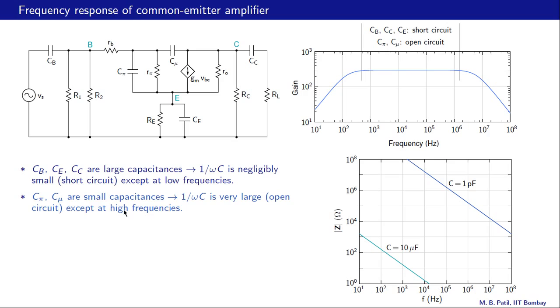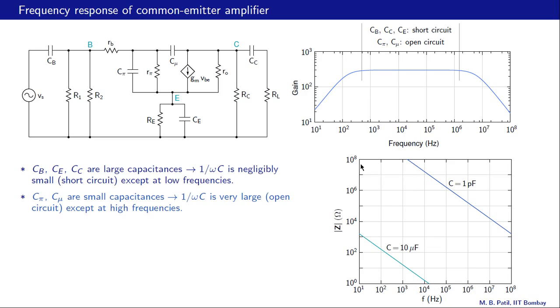On the other hand, the capacitances Cpi and Cmu, the device capacitances, are small. They are in the picofarad range, and for these 1 over omega c is very large. That is, they are like open circuits except at high frequencies, and we can see that also in this plot here.